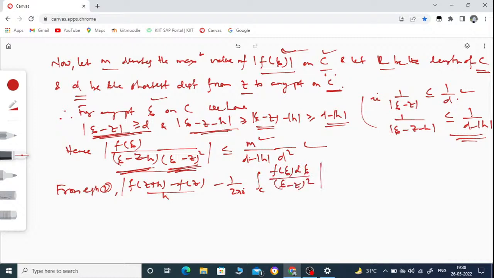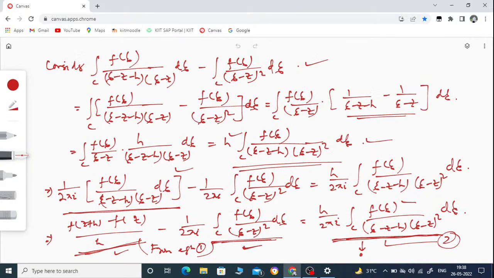So whatever my equation 2 is, I am taking its modulus. I am taking the modulus of the left hand side, and similarly I will take the modulus of the right hand side, and I have already evaluated the maximum value of this thing.